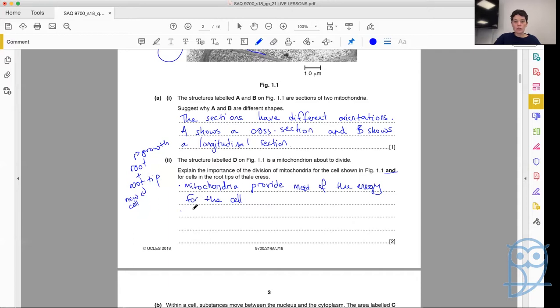Okay, so in the root, more mitochondria are needed as cells grow. And then specifically in the root tip, more mitochondria are needed for daughter cells.